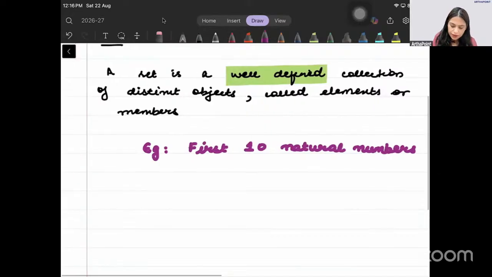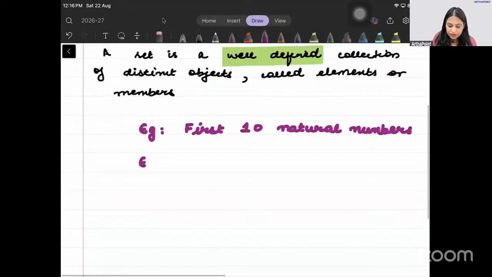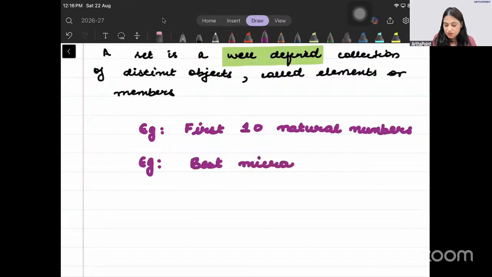But if I ask you, okay, give me the set of best microeconomics books, any 3 best microeconomics books, now it can differ. For me, it can be H.L. Ahuja, Mankiw.